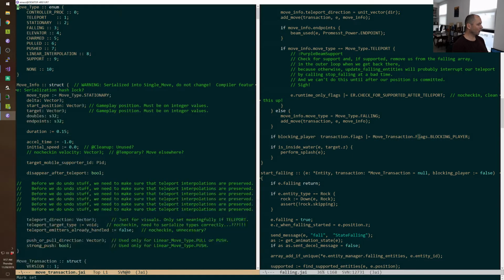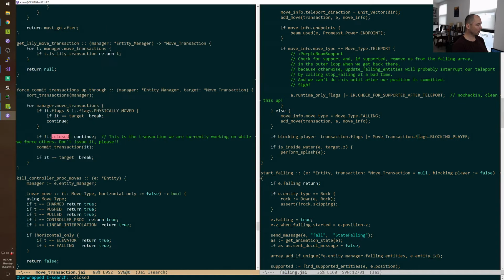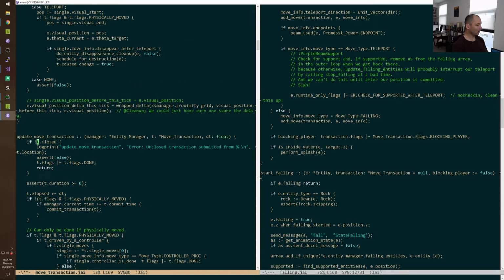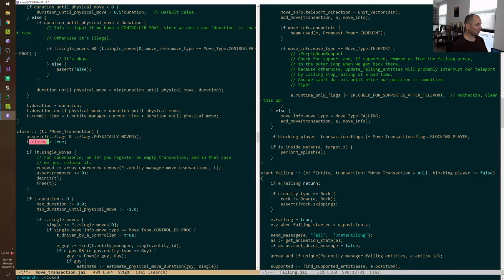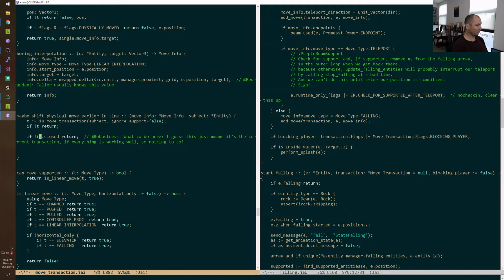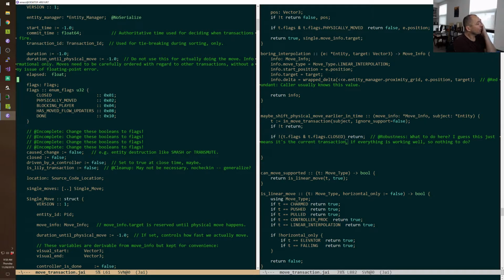Okay. Now what? Closed. Yeah, like if I just said, if it's an enum flags, you can dereference the value and you get a Boolean that's true or false.